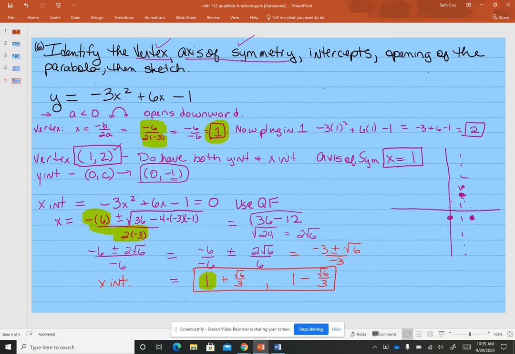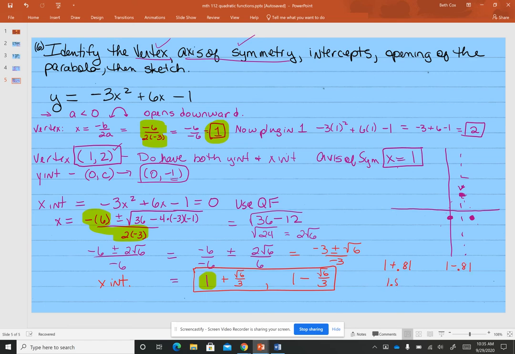So we're looking at the square root of 6 over 3, which is, according to my calculator, let's say square root of 6 divided by 3. All right, so this is 0.81. So this is 1 plus 0.81 and 1 minus 0.81.